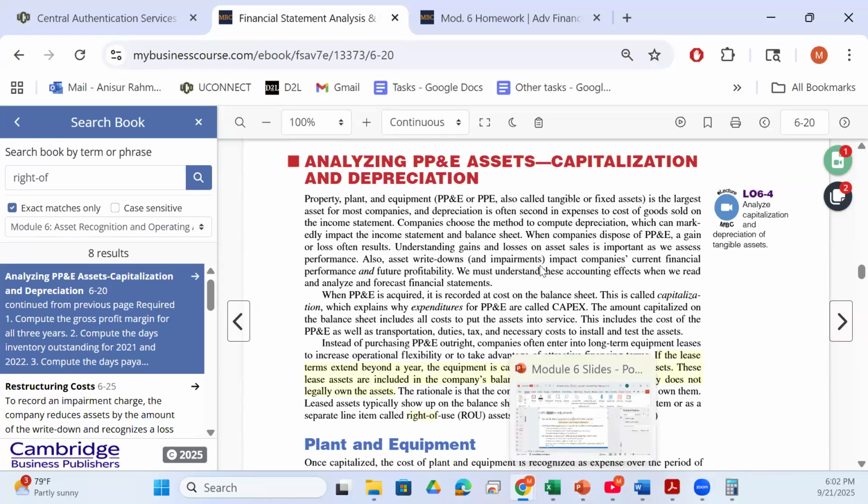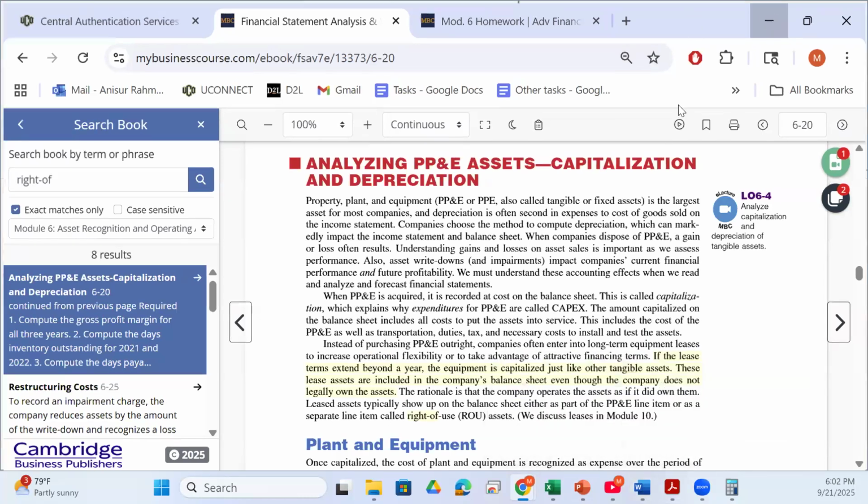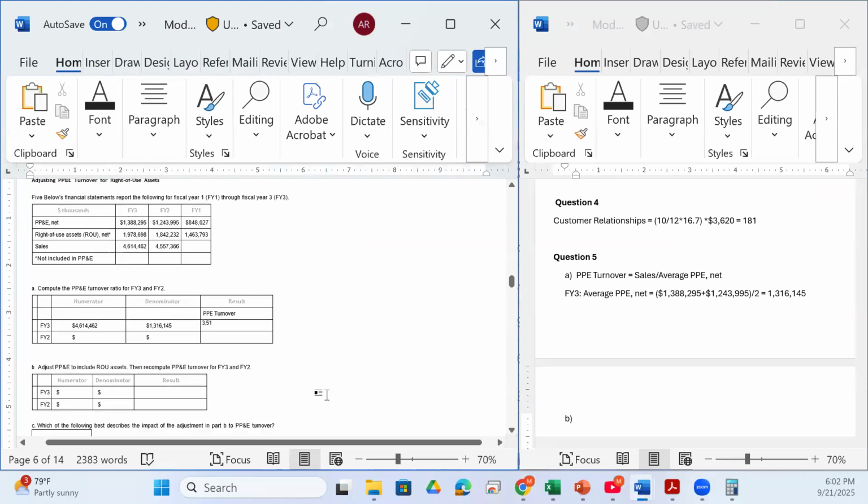I strongly recommend you review the logic. What we have to do is just add these to the property, plant, and equipment net to find the revised value for property, plant, and equipment net.